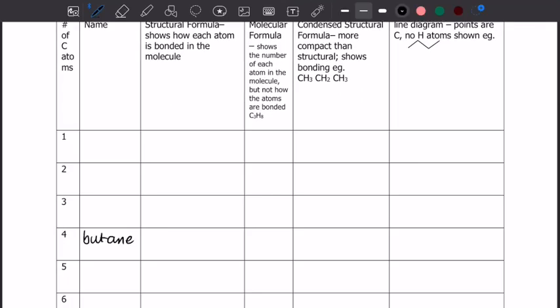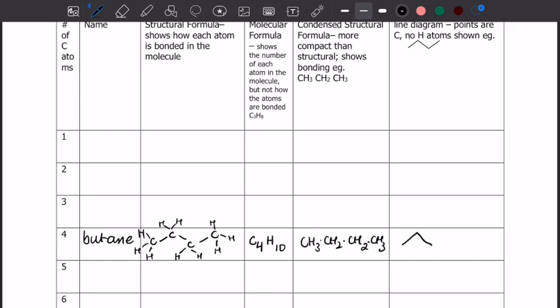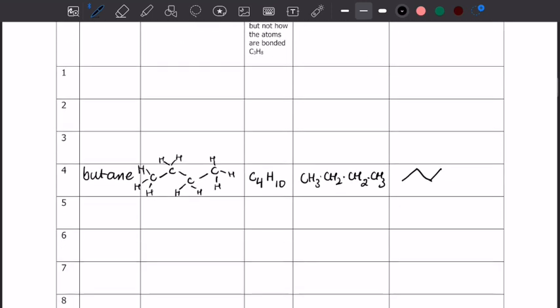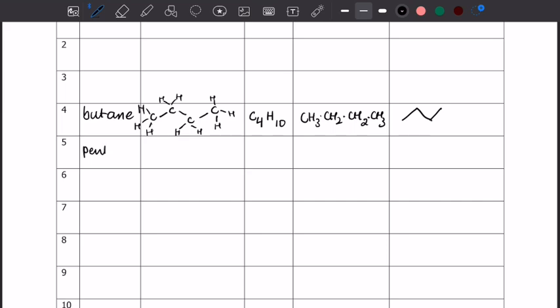When you have 4 carbon atoms in a straight chain, you get butane. The prefix is but, it is not tetra. 4 carbon atoms can accommodate a maximum of 10 hydrogen atoms. Here is your condensed structural formula and then the line formula. Similarly, for 5 carbon atoms, you would get pentane, C5H12. I am not doing the middle ones, going straight to the line diagram.